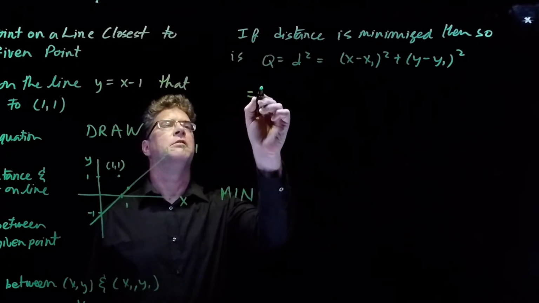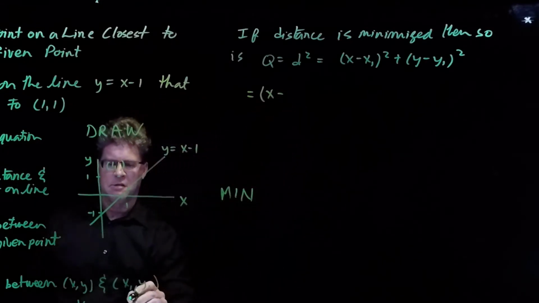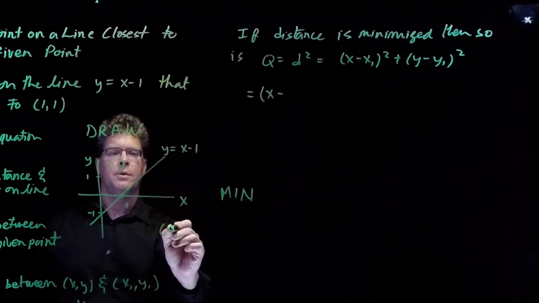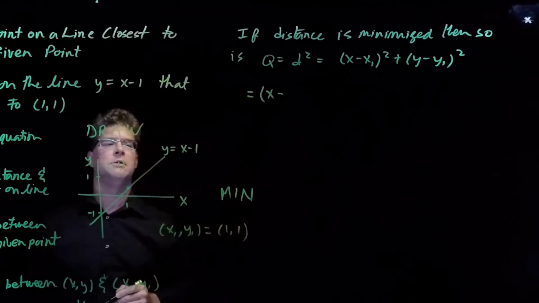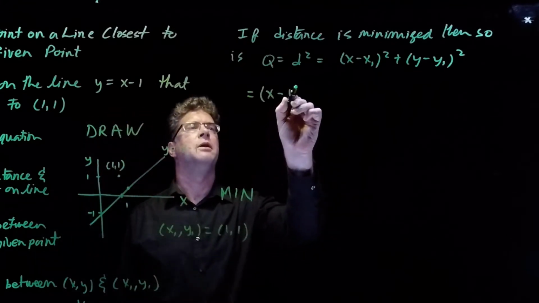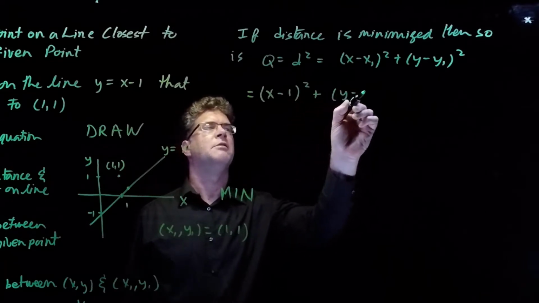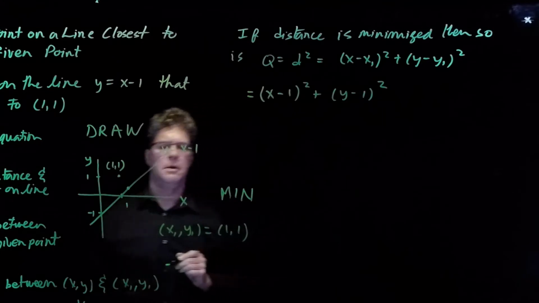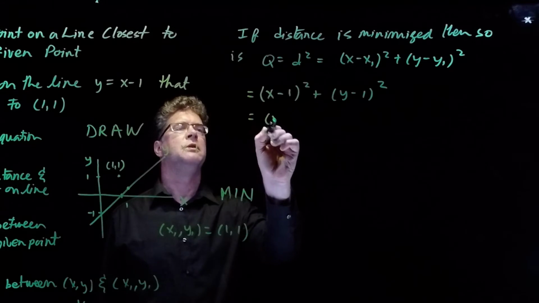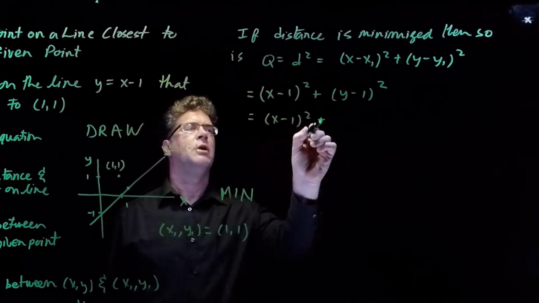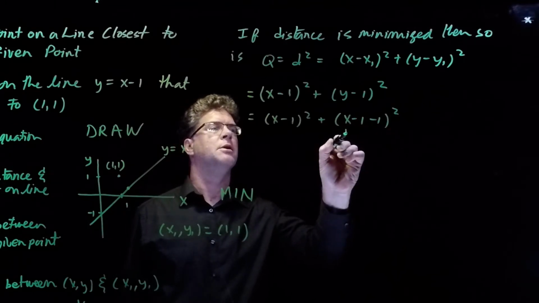Okay, so this is going to be x minus x1, where x1 is 1, and y1 will be 1. This is the given point. So we have x minus 1 squared plus y minus 1 squared. Now we can substitute in for y, so this is equal to x minus 1 squared plus x minus 1 minus 1 all squared.